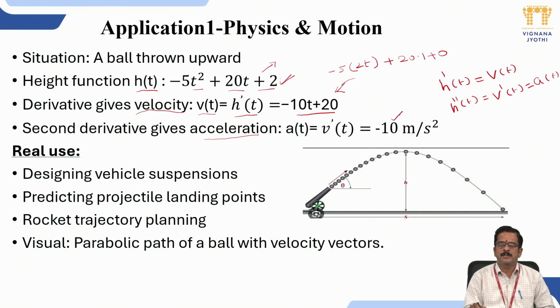This is the acceleration in meters per second square, as we have constant values, while velocity is in meters per second. So in physics, we evaluate motion by defining the function, and accordingly we evaluate velocity and acceleration. This is the figure I provided.